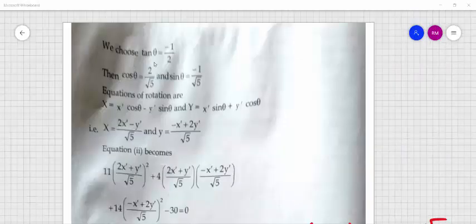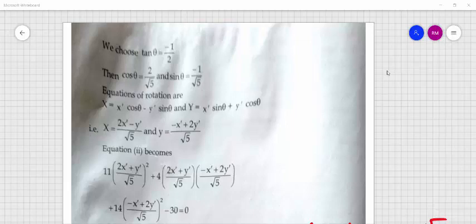So we choose tan theta equal to minus half. Suppose then cos theta is equal to 2 upon root 5, and sin theta is equal to minus 1 upon root 5. Why?